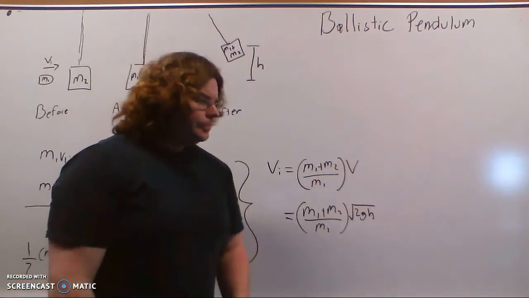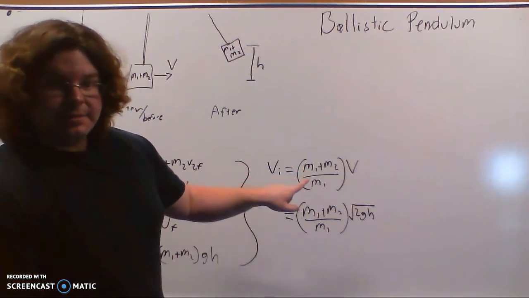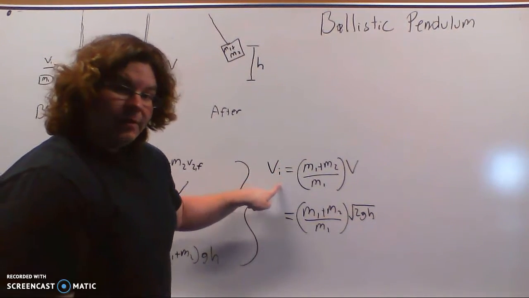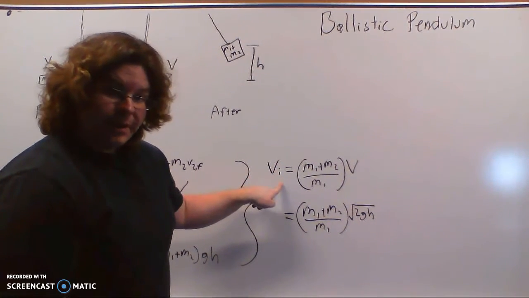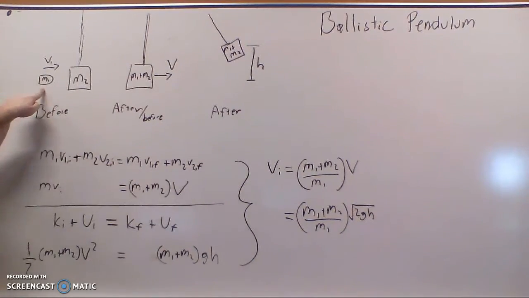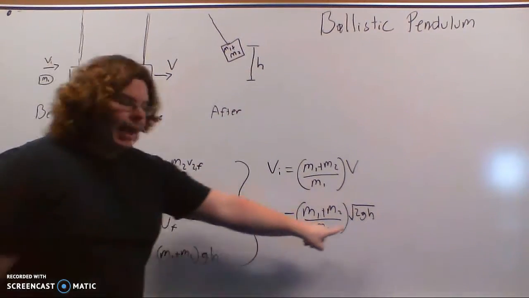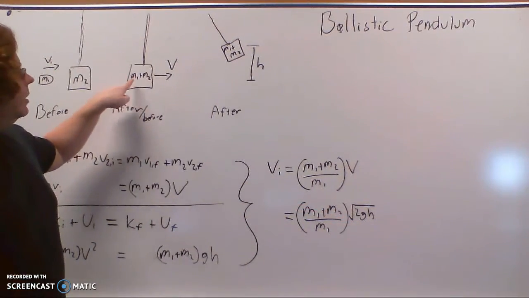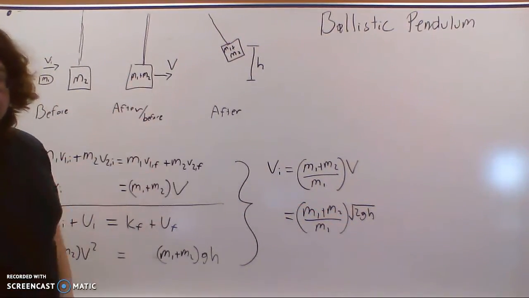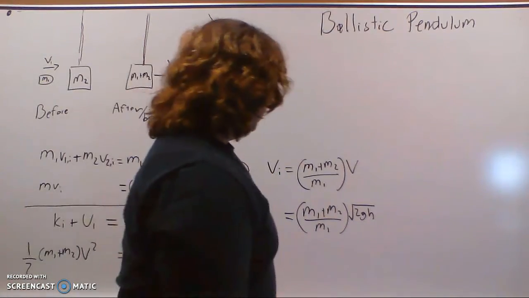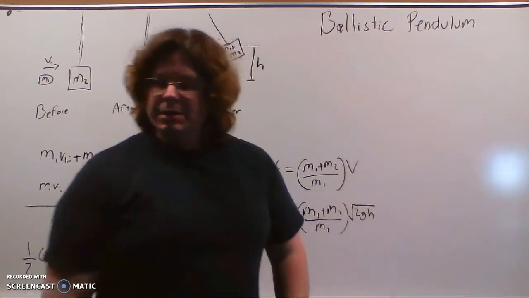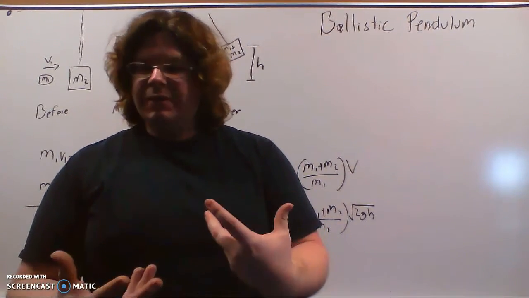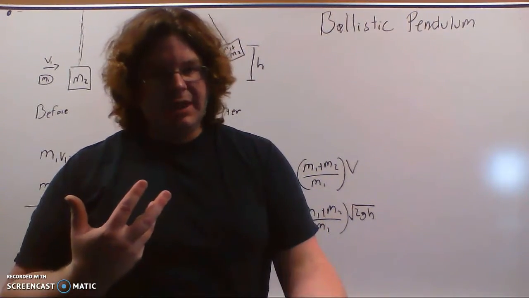So now, for this system, there's a nice direct relationship between how fast this little piece is going and how high it will swing up to, based on what the two masses are. This is just an example of a system where we have both conservation of momentum and conservation of energy.